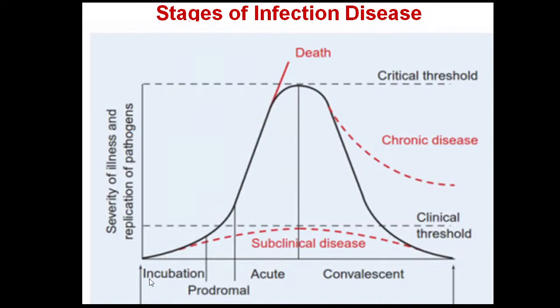What is it? It is a period in between the entry of the microorganism inside the body and the moment when the clinical symptoms may appear. It means within the incubation period, the disease is not visible. There will be no symptoms.